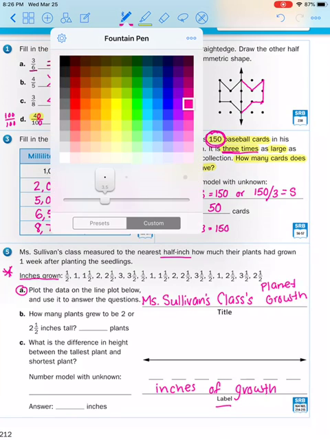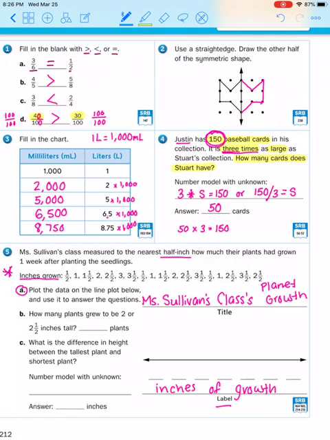And now I'm going to switch my color. Let's do blue. Now I have to put in my intervals here, how many inches. So I'm going to look at my inches grown, and I'm going to look at which one is the highest.